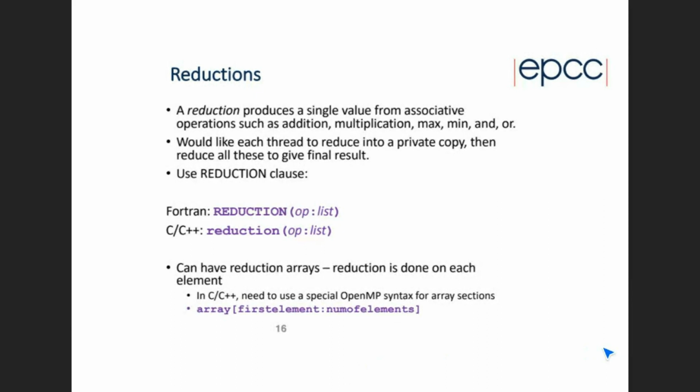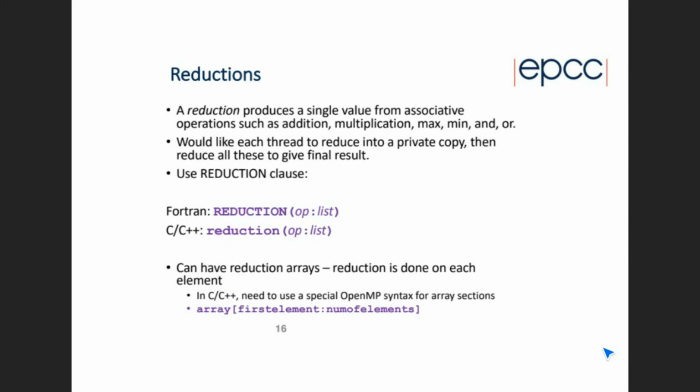Okay, so far the options we have for variables inside a parallel region are shared, private, or firstprivate. And then there's one more option, and that's to handle reductions. Reduction is one of these operations that produces a single value from associative operations, such as addition, multiplication, max, min, and, or, and so on.